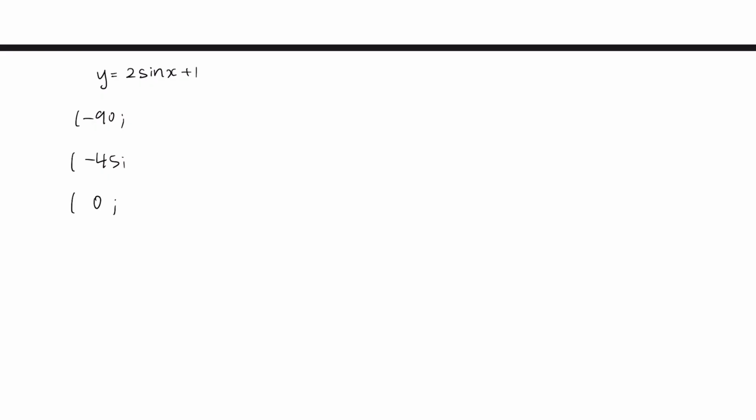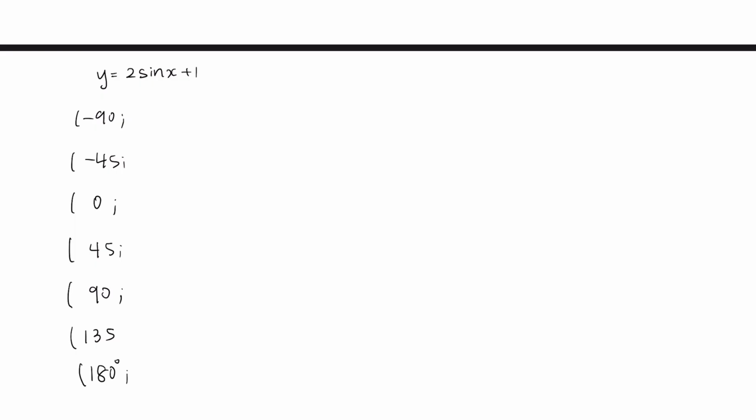My function is y is equal to sine 2x plus 1. I substitute minus 90, minus 45, I'm increasing in 45s: 0, 45, 90, 135, and then 180. In each case, I'm substituting these x values and getting a y value.